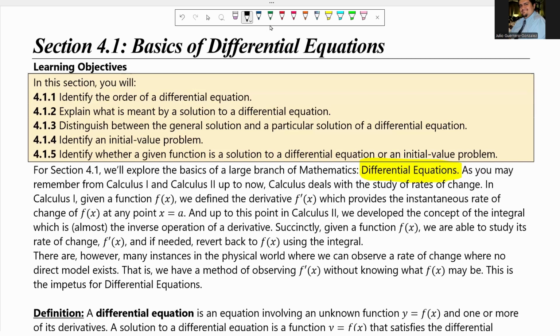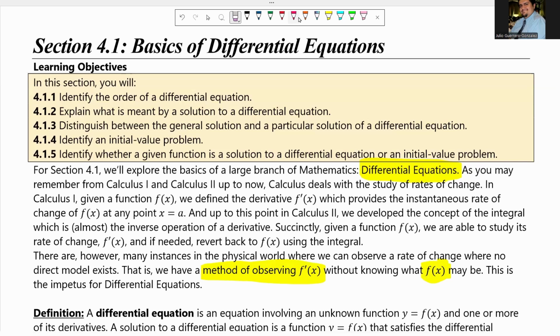We might have a method where we can measure the change of something. We can measure f prime, but we don't know what f of x is. So if we can observe the rate of change of something, can we get the original thing back? This in and of itself is the impetus for differential equations.